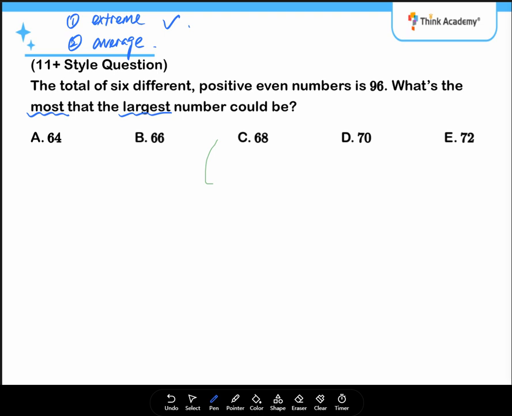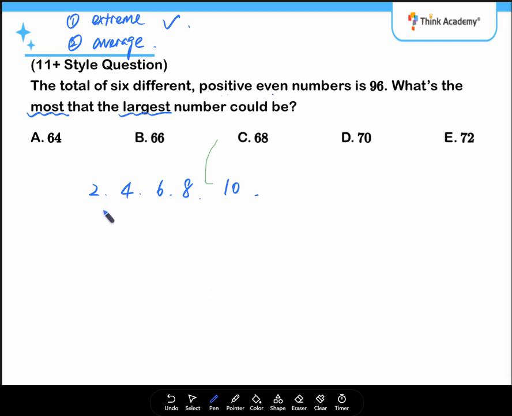When it's extreme, it's actually very easy. If you want to get the maximum, you just make sure all the others are as small as possible, right? So what's the smallest positive even number? That would be 2, then 4, 6, 8, 10.